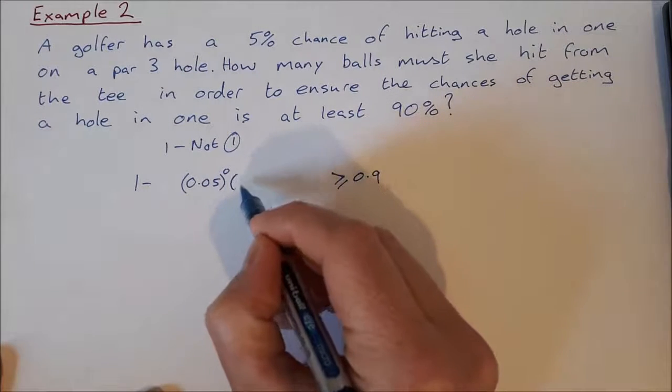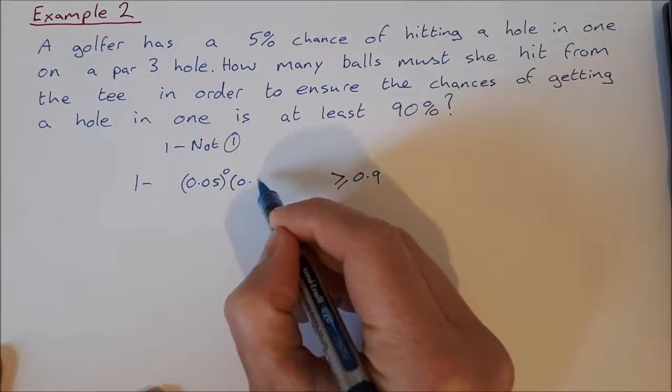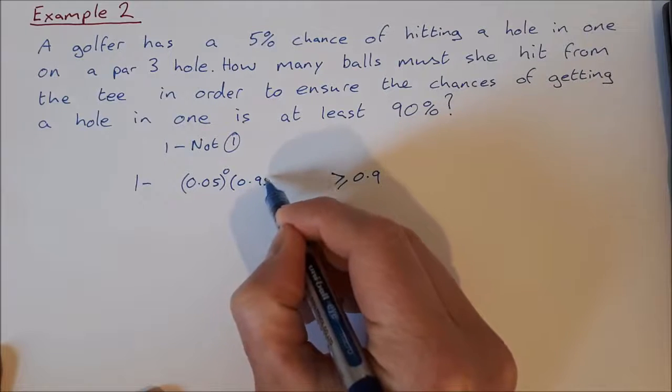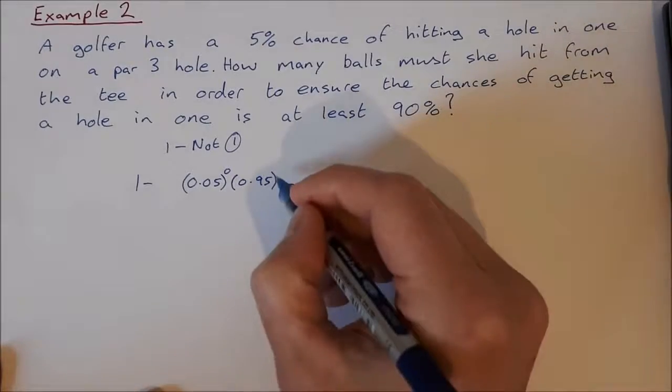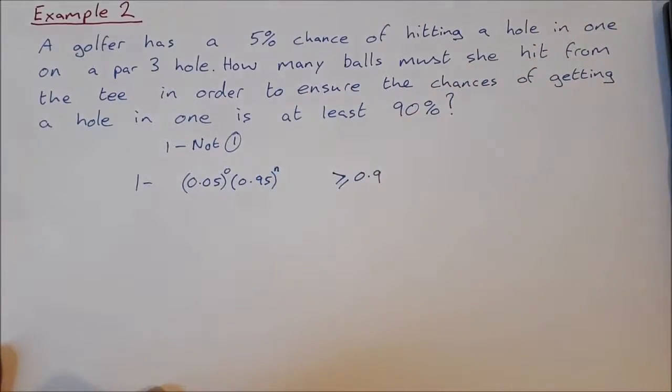And then the rest of the time, not getting a hole in one, so 0.95, and we want that as many times as we need, so that would be n times.